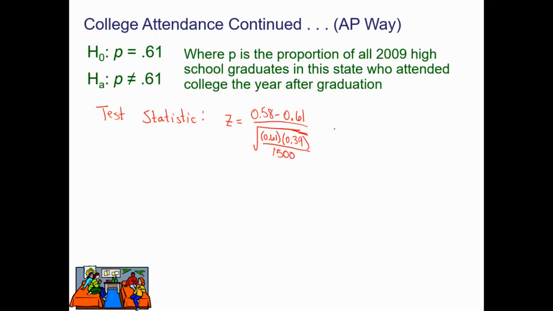If we calculate this to 2 decimal places, what would we get? Negative 2.38. That's right.